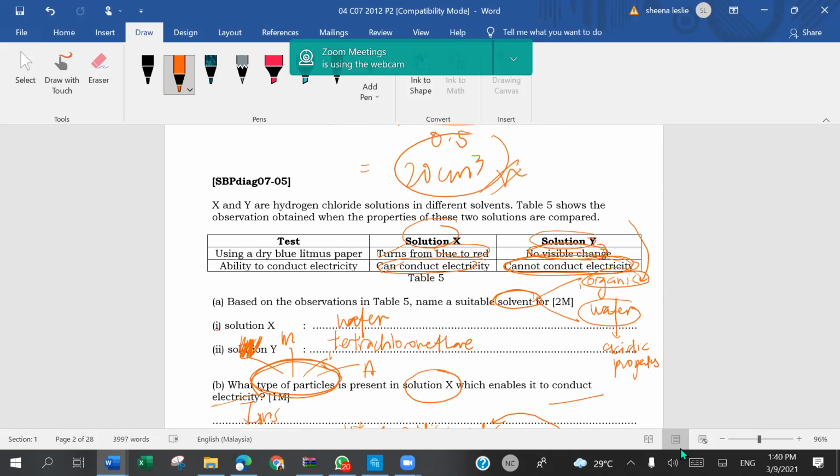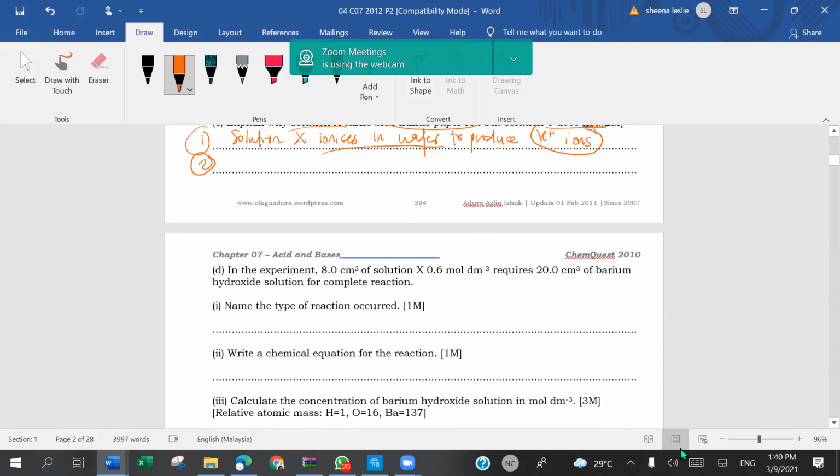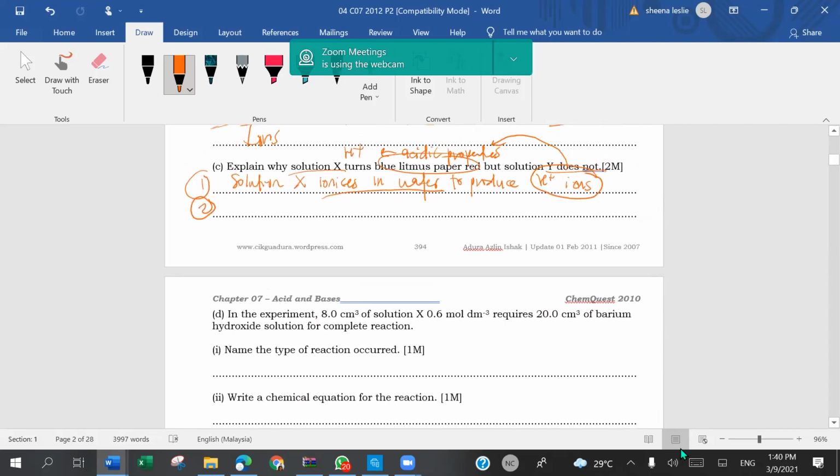So it is not about an alkali at all. It is because it has an organic solvent. There is no water. You already said in X you put water. In Y you put tetrachloromethane. So Y has no water.